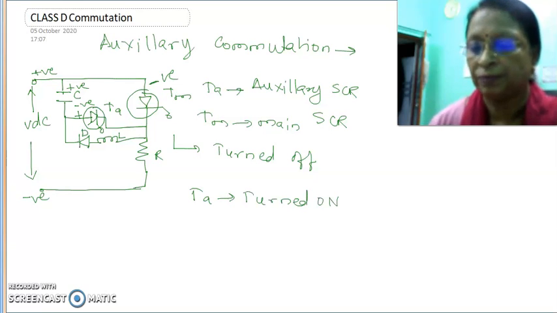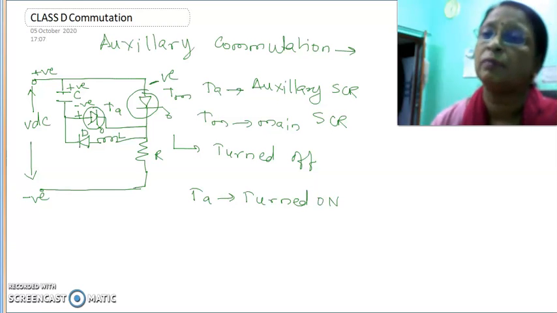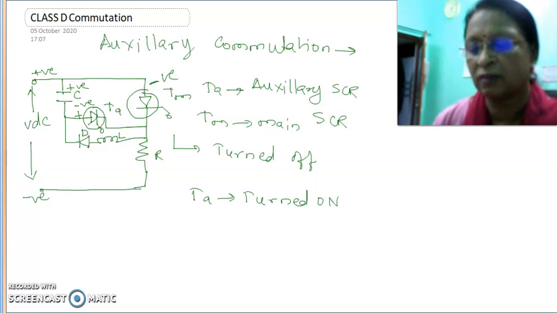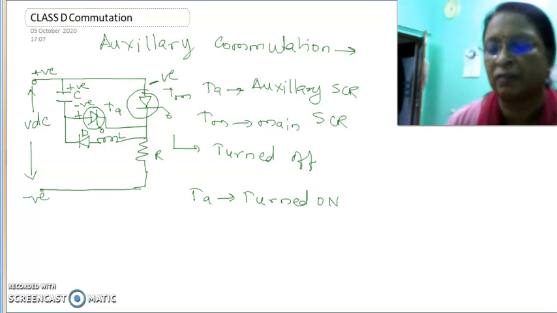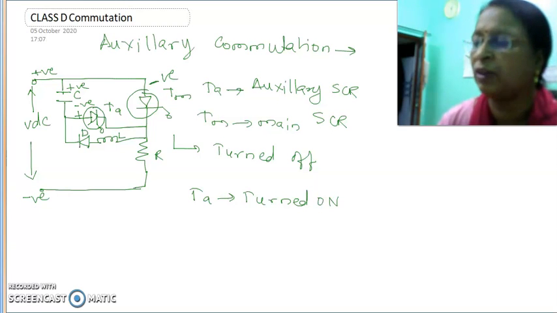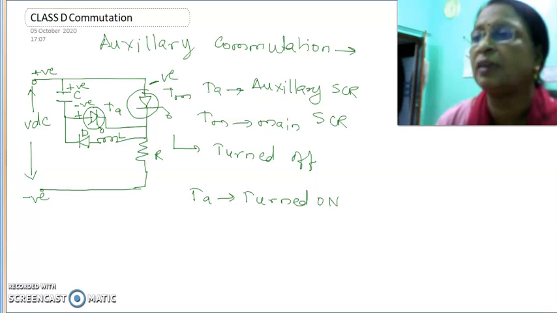Okay, so in this process you can see only one SCR will remain in the on state at a time. Okay, so the moment the lower plate of the capacitor has positive polarity, the auxiliary SCR will come into conducting mode, and as soon as the auxiliary SCR is triggered, the reverse polarity will be obtained across the main SCR.